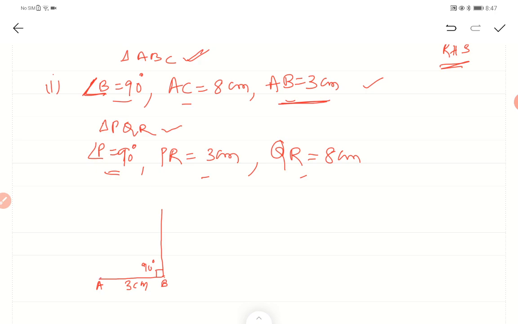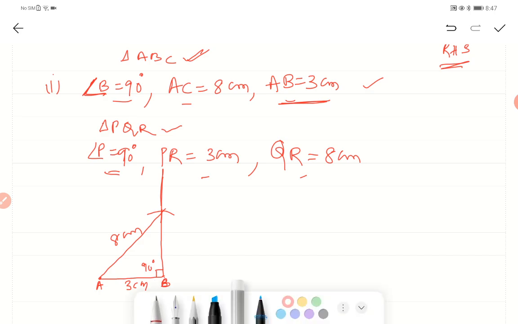This is point B. Now from here I will draw 8 centimeter, and it will cut somewhere on this line, something like this. So this will become 8 centimeter. You need to draw this using the compass.